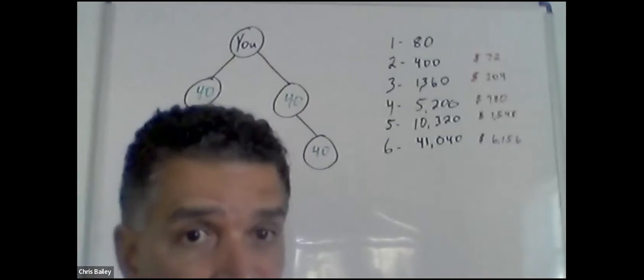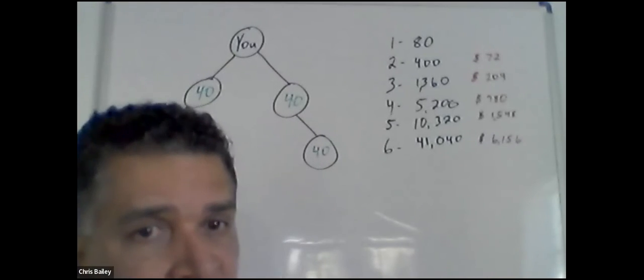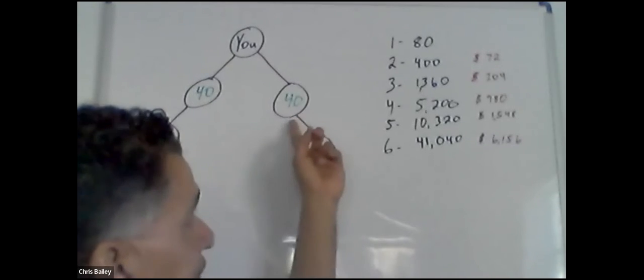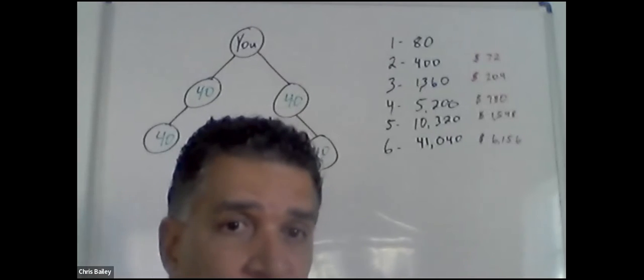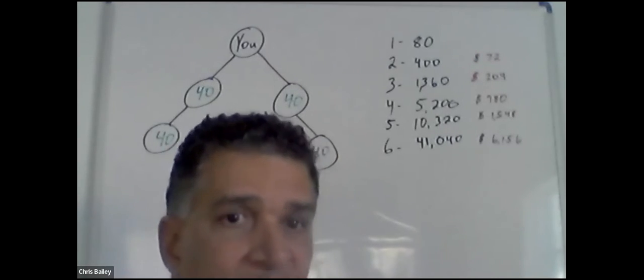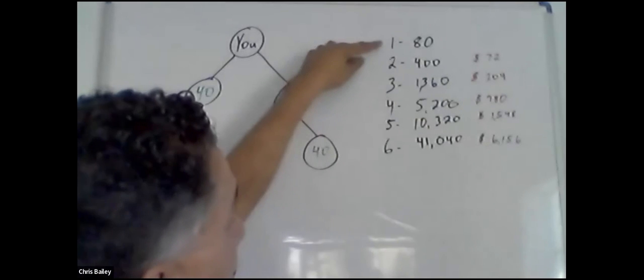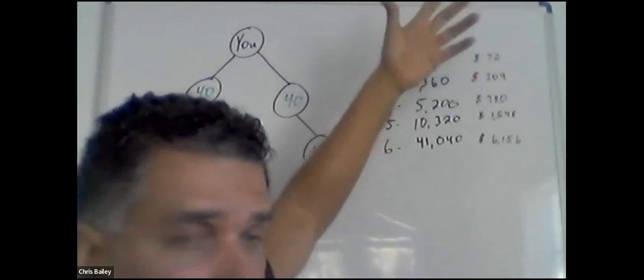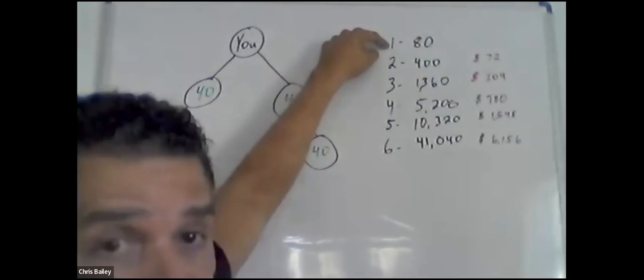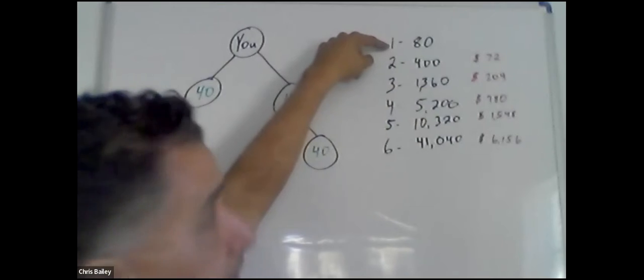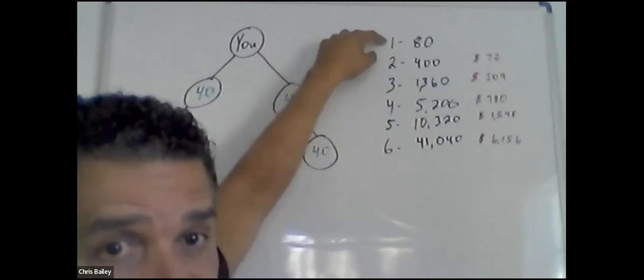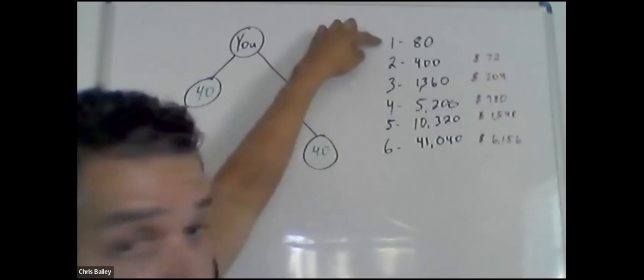So you have 4 people. In this example, we're going to show that each one of those 4 signed up 4 in their first 30 days. So when I go over these, we're going to say that they're months. The month you got started, or let's just say currently, you right now, you've got 4 people on your team, 2 on the left, 2 on the right, that each have 40 BV. So your lesser leg is 80.